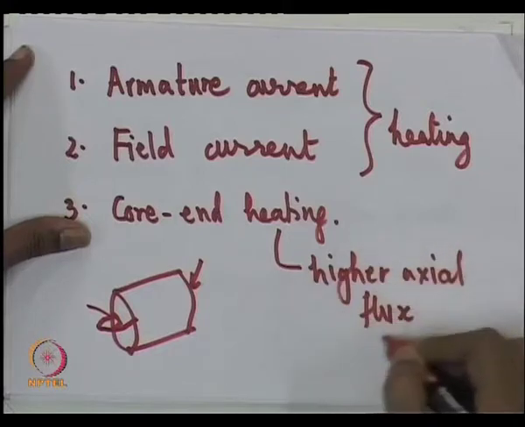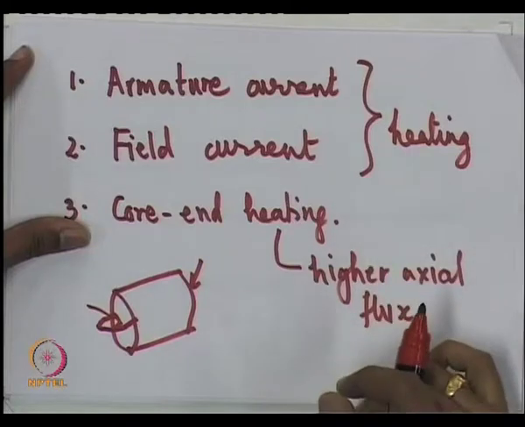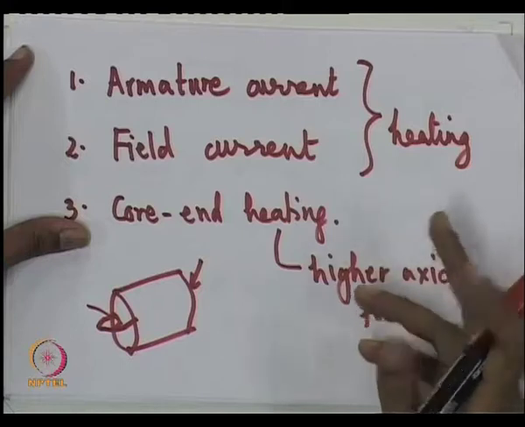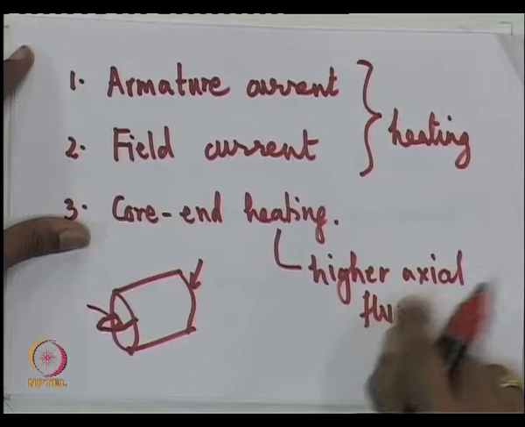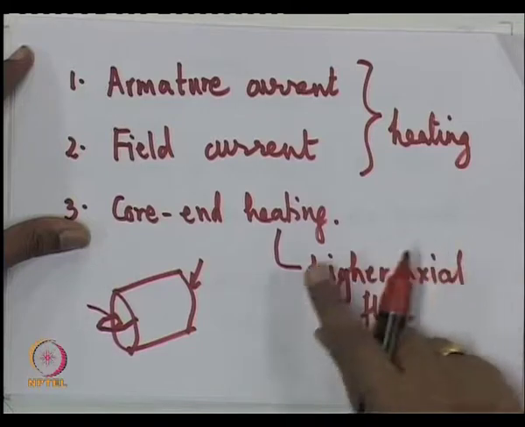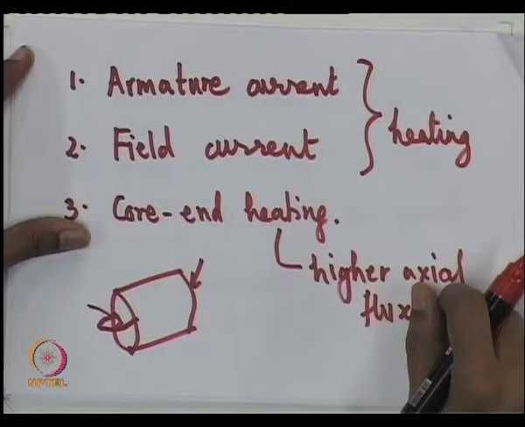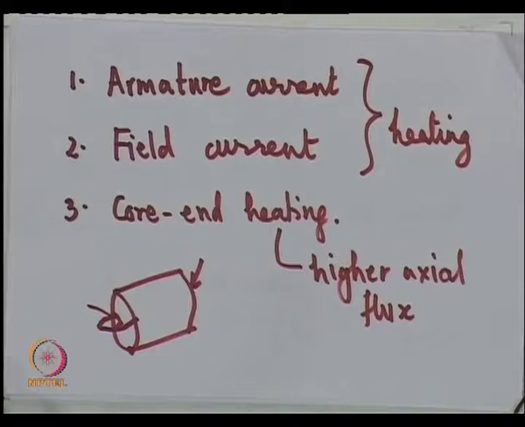Now, it is seen that if you under excite the machine, that is reduce the field current such that the synchronous machine starts absorbing reactive power, you have a situation of higher axial flux. Of course, the explanation of this is beyond the scope of this course, but I refer you to a paper which appeared quite some time ago by Farnham and Swarthout.